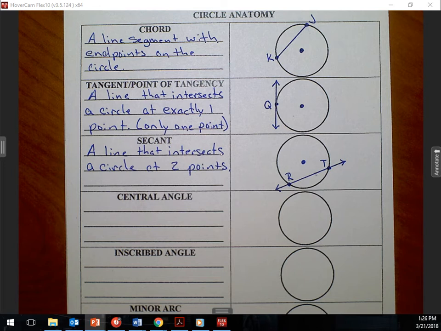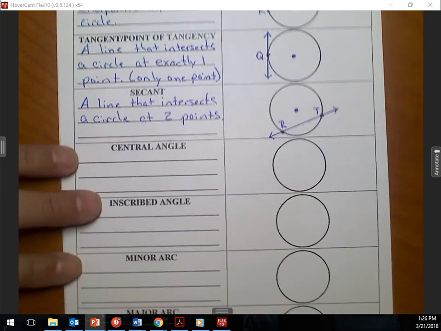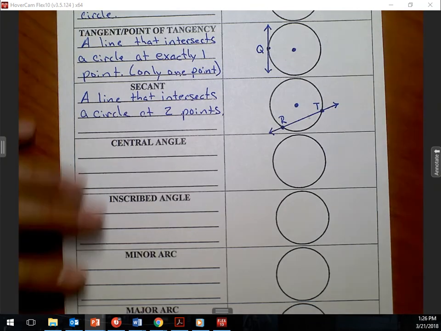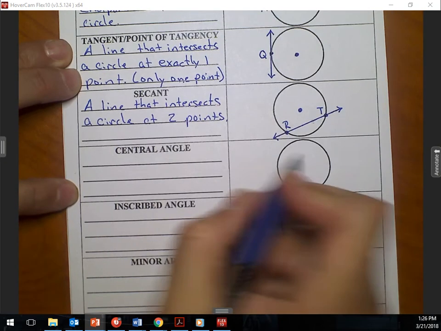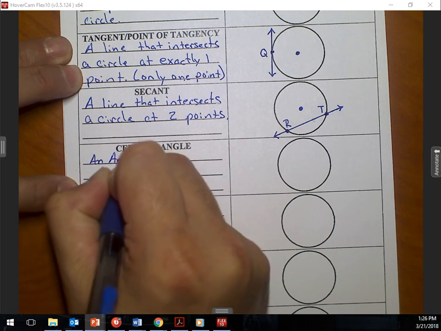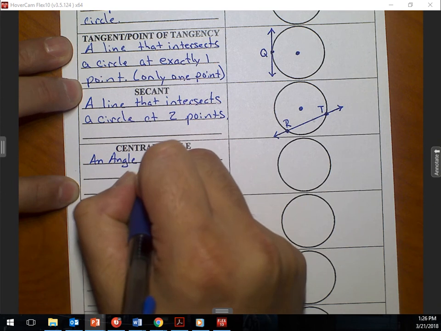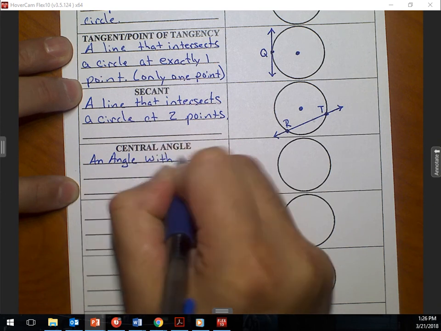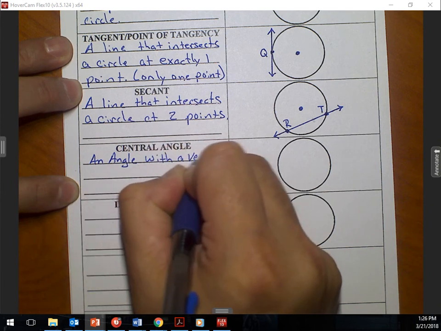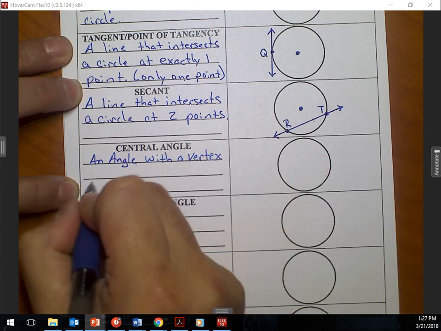Okay, is everyone back there done copying this down? All right, so the next one is going to be central angle. A central angle is an angle with a vertex in the center of the circle.